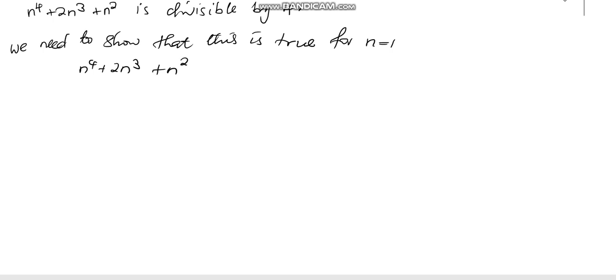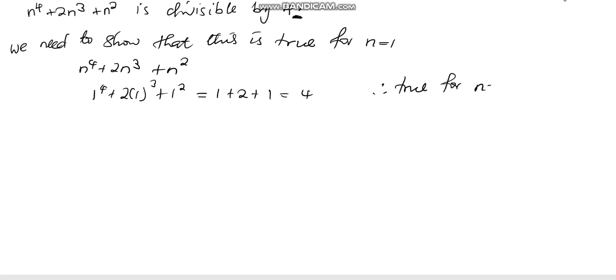Then we substitute 1 where there's n. So we have 1 to the power 4 plus 2 multiplied by 1 to the power 3 plus 1 to the power 2. This will just give us 1 plus 2 plus 1, which is 4. If we divide this 4 by the 4 that we were asked about in the question, we simply get 1 without a remainder. So we conclude that it's true for n equal to 1.